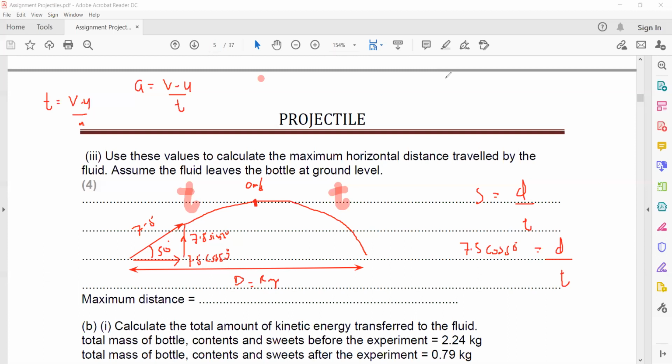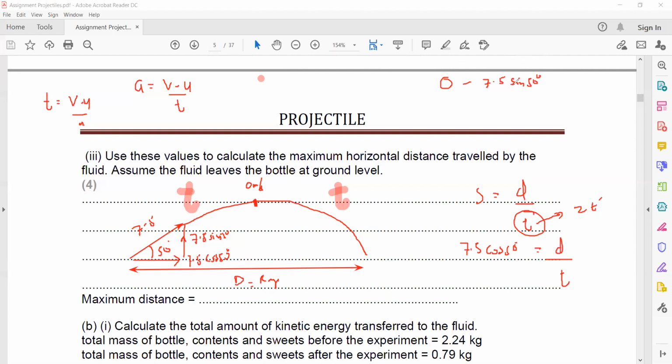The final is 0, the initial is 7.5 sine 50. Why am I taking the vertical? Because I'm finding the time to reach the maximum height. The total time will be twice the time to reach the maximum height.